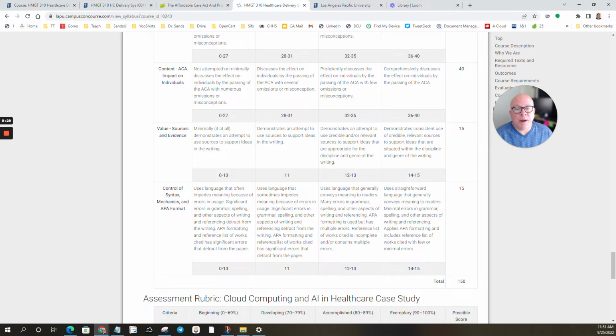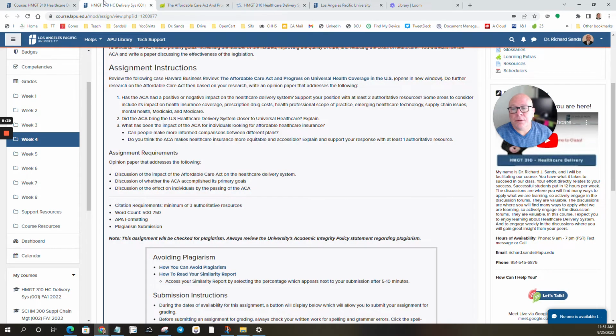Then your page 2, you're going to start off with the paper title. Always have your paper title starting on page 2, and in this case, it is Closing the Gap in Healthcare Coverage with the Affordable Care Act. That's your paper title, right? It says page 2 in the upper right-hand corner. That's going to be in bold. Right after that is your introductory paragraph.